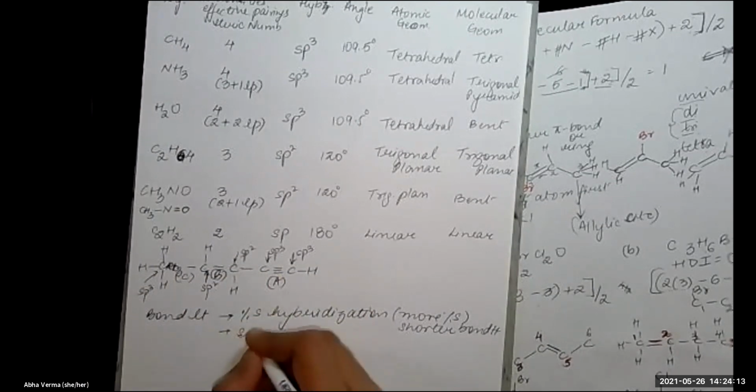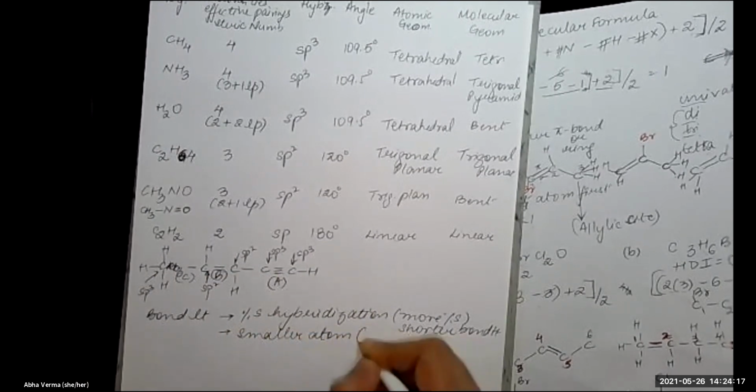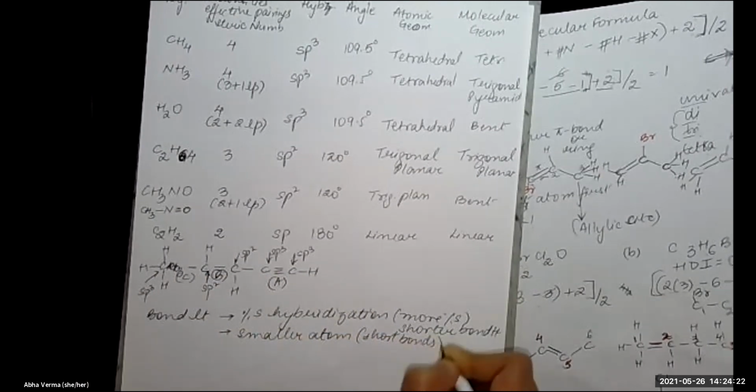Okay. Smaller atoms also make short bonds. Now, why is this important for us? If you have a structure like this, let's say I have a structure like this.